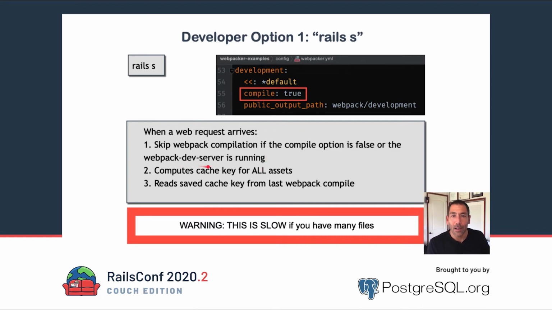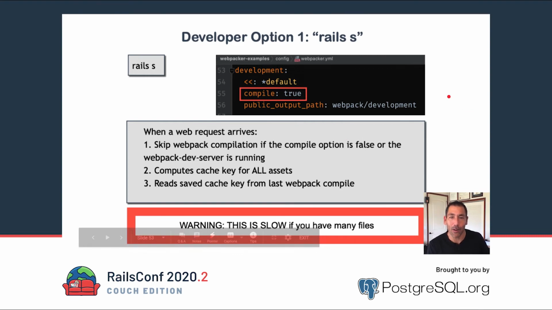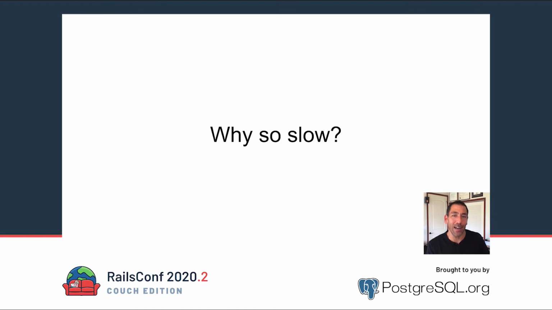Well, guess what? We're going to compute a cache key for all your assets. This is a bit time consuming. We have to read every single one of your JavaScript files and compute a cache key, which is basically an MD5 and a bunch of other stuff. We're also going to read that saved cache key from the last Webpack compile. So warning, this is really slow if you have many files.